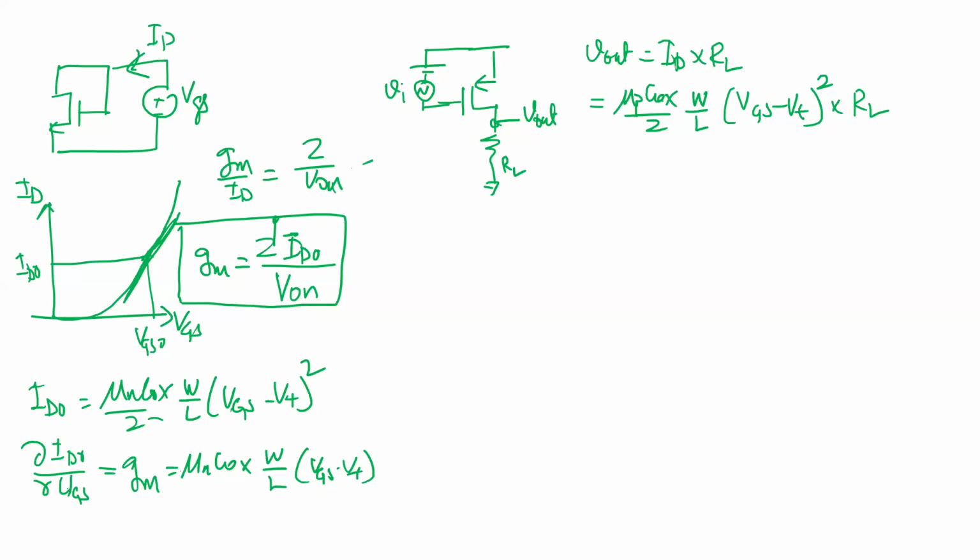So now let's say this VGS is some VGS0 plus VI, right? The bias voltage plus the audio signal over that. And let's say if I'm giving an audio signal, let's say 1 kilohertz signal, so VI will be some amplitude Vm times sine omega t, correct? Okay.